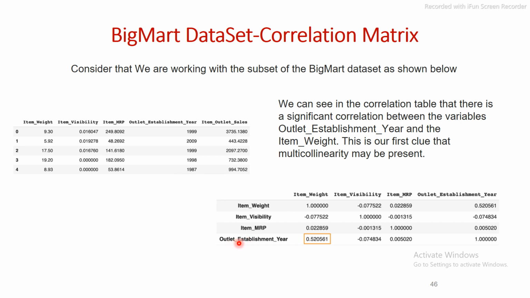Let's say outlet establishment year and item weight: their collinearity is 52%, and others have less effect. So we try to find out whether to retain or remove this variable. The correlation matrix helps here. If two variables are highly correlated, we will remove one.